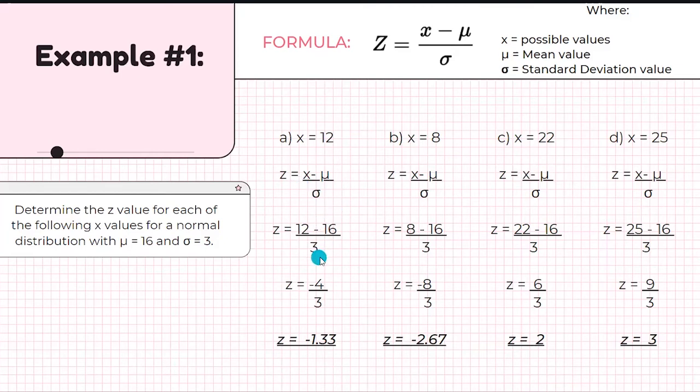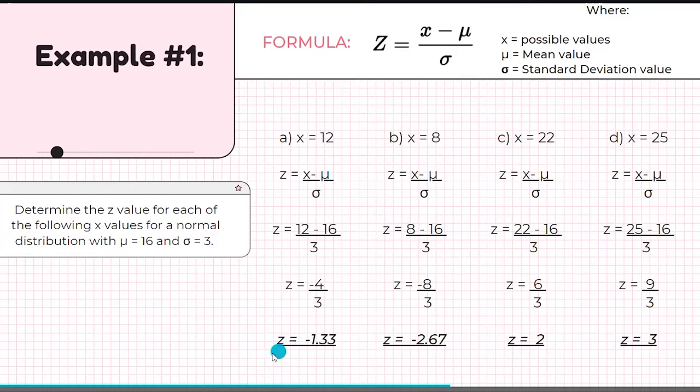We now replace the values in the z-score formula: 12 minus 16 divided by 3. Let us first subtract 12 from 16, and the answer is negative 4. Then negative 4 divided by 3, and the z-value is equal to negative 1.33.